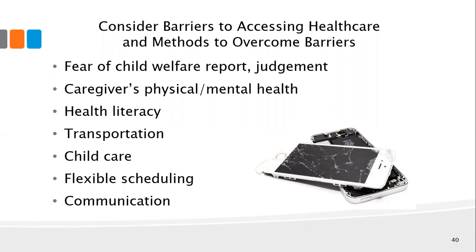And then communication: as we know, families facing housing insecurity may frequently have a phone number that changes, and certainly addresses that change. So with every encounter, we need to make sure we have a correct phone number, update addresses, and ask for ways to reach them if their phone number or address should change. Next slide.